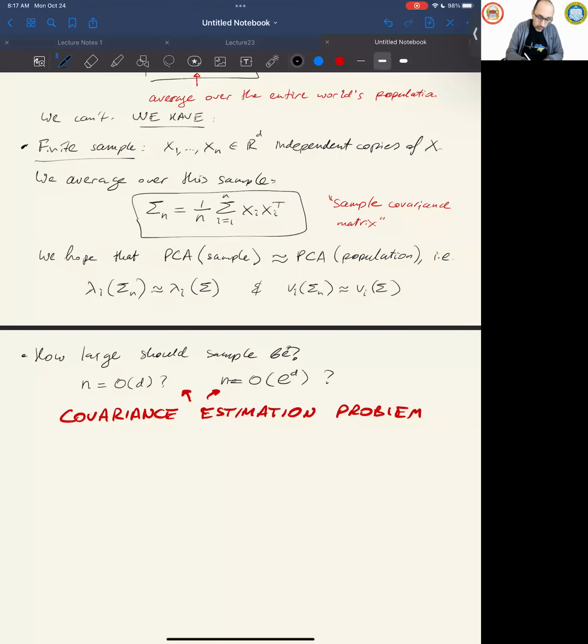So that's the source of very interesting questions. And fortunately, this is the truth: we only need linearly many, even in the worst case complexity of the genome or the problem. We only need a sample of linear size in the dimension.